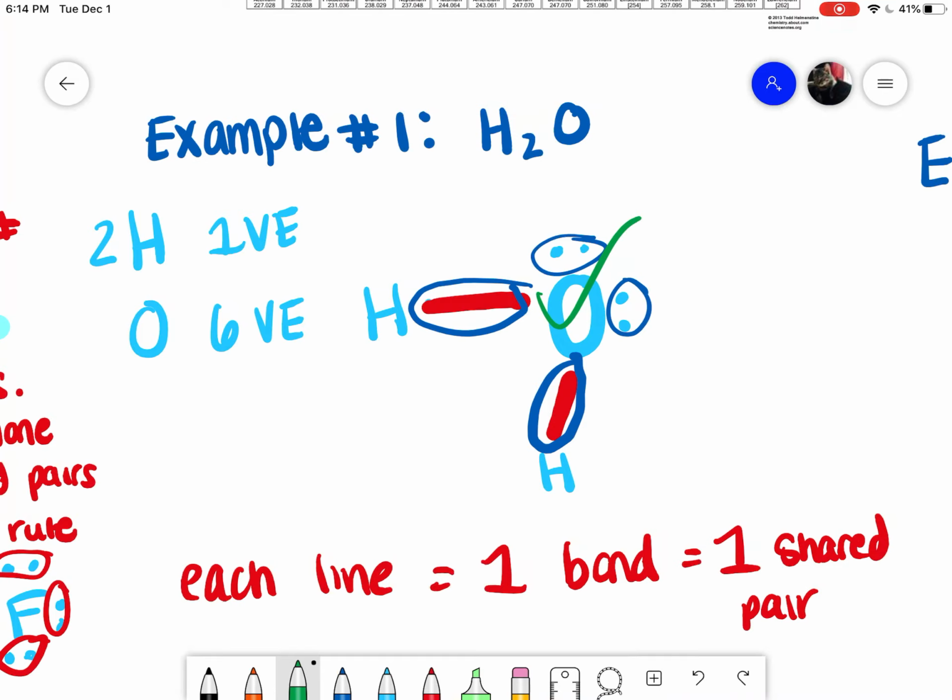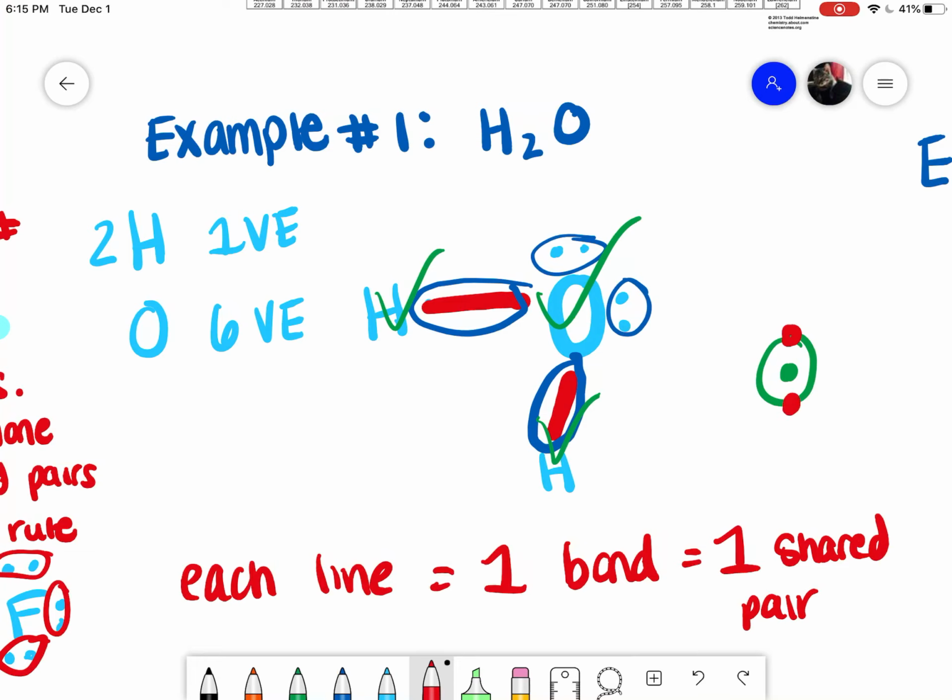So for each hydrogen, they are sharing 2 valence electrons. And for hydrogen, that means that they have met the octet rule, because hydrogen only wants 2 valence electrons. If you remember our Bohr model of hydrogen, the first ring, the first orbital, can only hold up to 2 valence electrons.